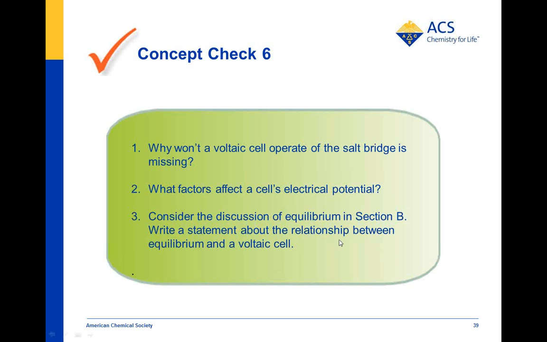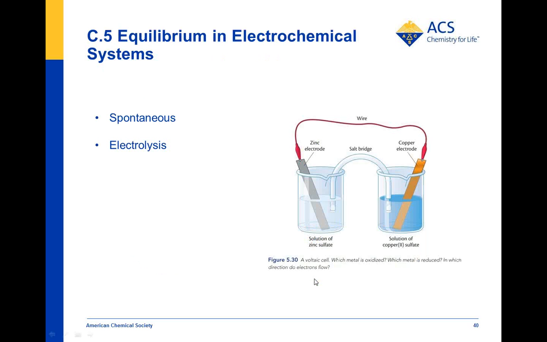Once they've done that, Section C5 is a reading section that has them going back to talk about the equilibrium. We're looking at spontaneity, and students are often surprised to find that a reaction is occurring spontaneously, but if it gets closer to equilibrium, the reaction is not going to go.